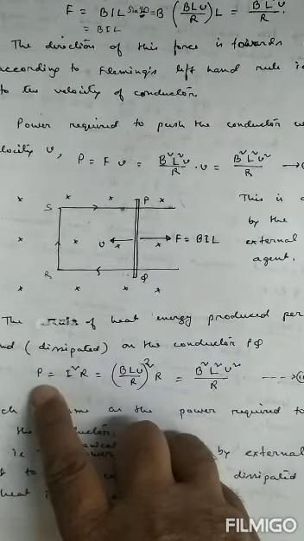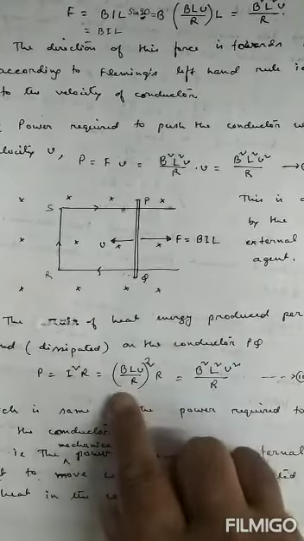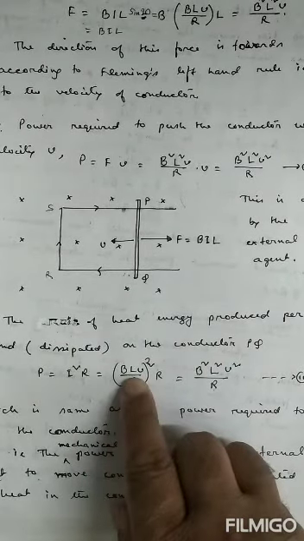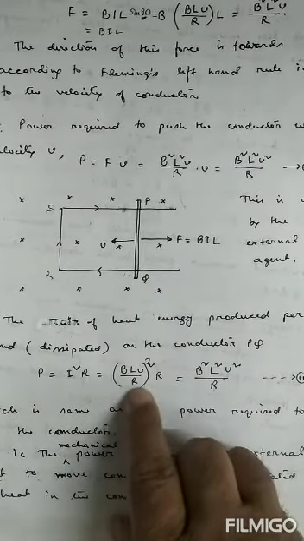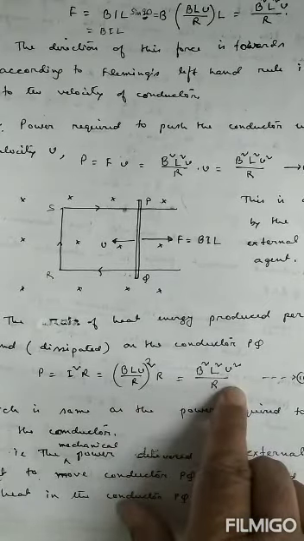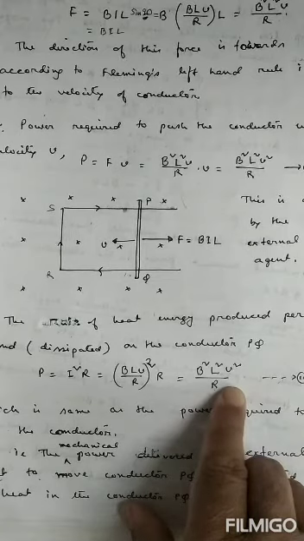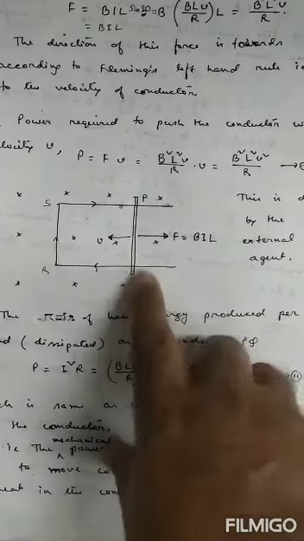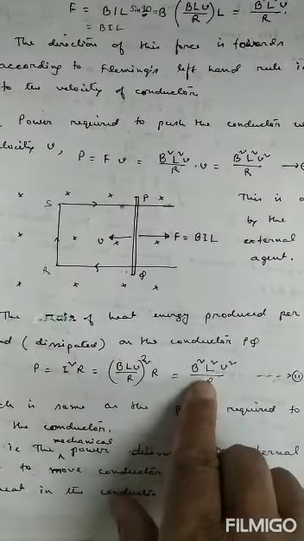Therefore, squaring I, the rate at which heat energy is produced in the conductor PQ due to induced current is this.